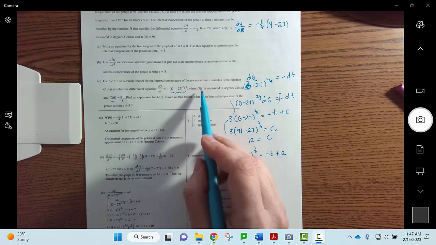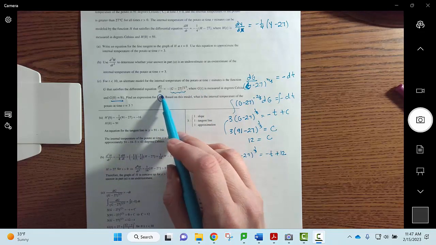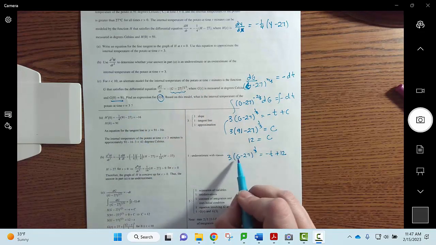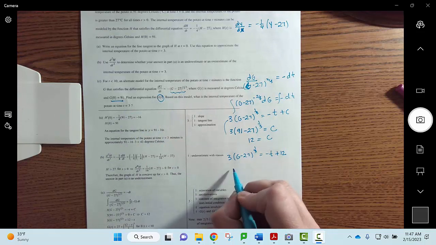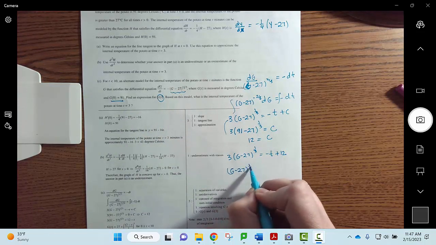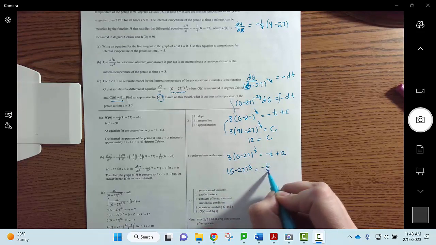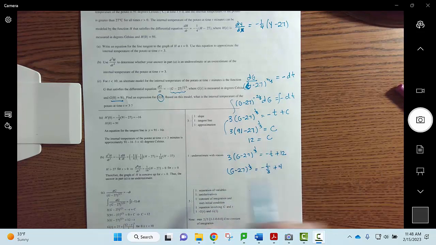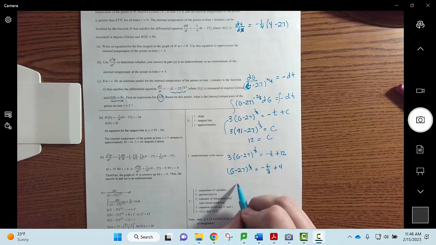Now it does say that we want to solve for g of t. So make an expression for g of t, and then we'll plug in the number. So we want to try to isolate g. So let's divide everybody by 3 first. And then we would have to cube everybody.